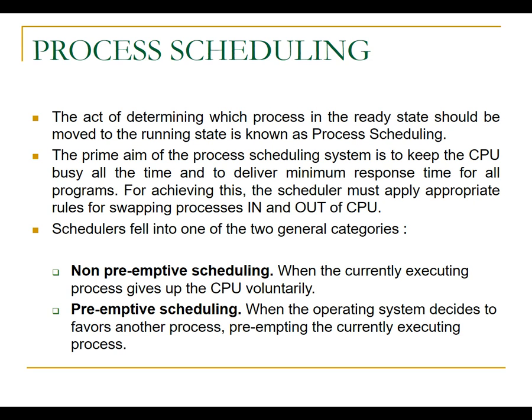For that, the scheduler must apply appropriate rules for swapping input and output processes for the central processing unit. Now these schedulers are internally divided into two subtypes, called primitive scheduling and non-primitive scheduling.